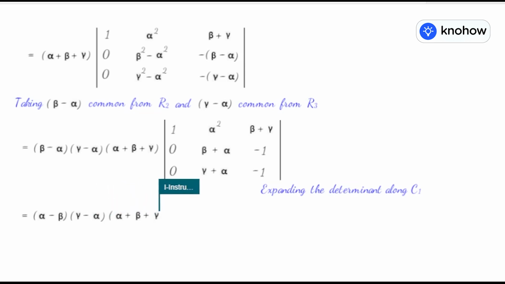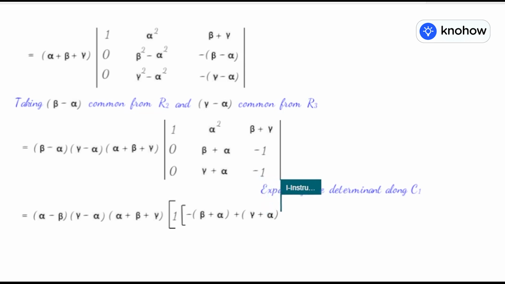And now when you expand the determinant, you get 1 times, beta plus alpha times minus 1, so minus times beta plus alpha, and minus minus plus times you get here gamma plus alpha.